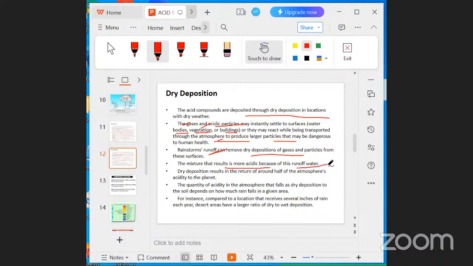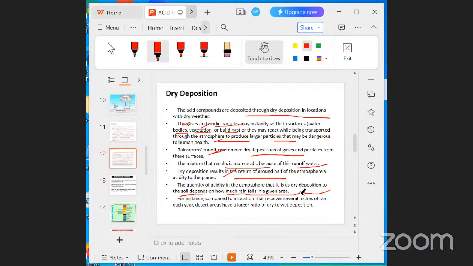So dry deposition results in the return of around half of the atmosphere's acidity to our planet. The quantity of acidity in the atmosphere that falls as dry deposition to the soil depends on how much rain falls in that particular area.